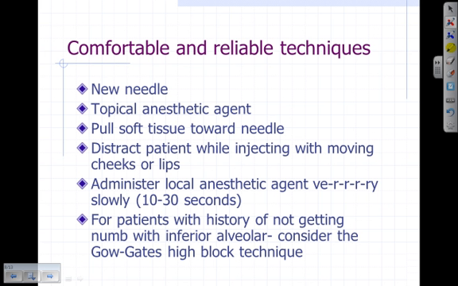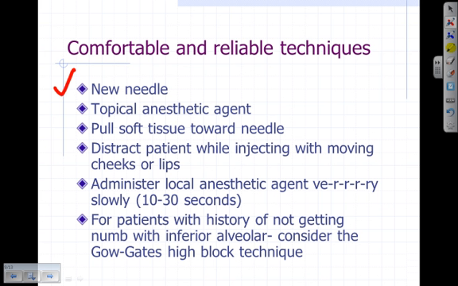So how do you achieve a comfortable, reliable injection? Well, first of all, use a new needle. If you're working in several different sites, giving infiltrations with a 30 gauge needle, after 2 injections, absolutely put in a new needle.